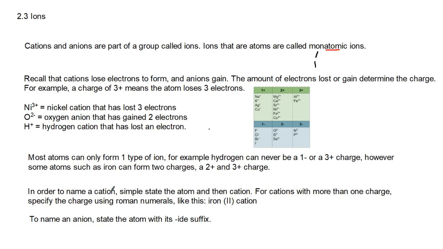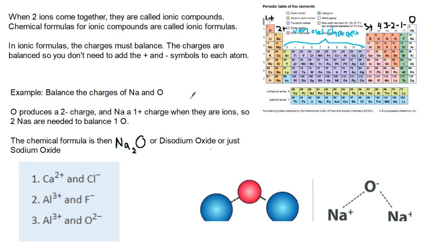So chloride, bromide, oxide, nitride, right? We're going to talk about other ions later. If you combine these two together, let's say iron oxide with the 2 plus charge, it's iron 2 oxide, right?